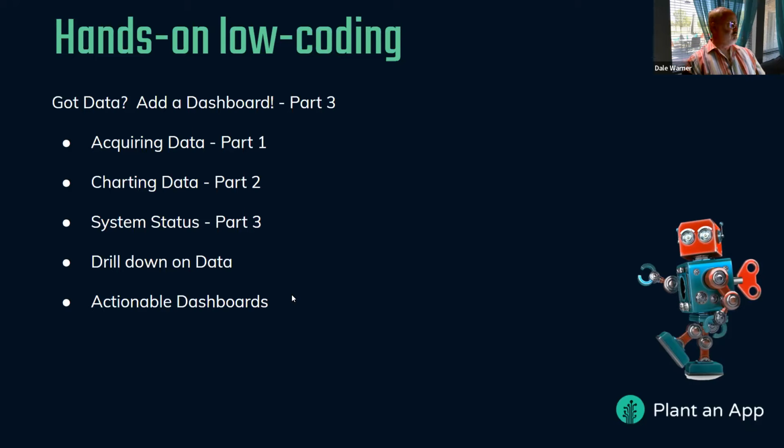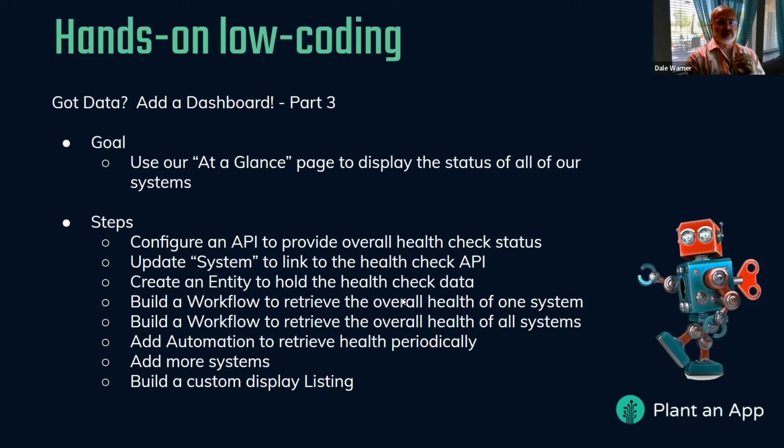We have a couple more possibilities for this, and I think it would be interesting if you would use our feedback form and let us know whether you want us to continue on this or if you have other ideas. The continuation would be about drilling down on dashboard data or making your dashboards more actionable, providing information where you can act on the dashboards. But here we go. We'll dive into part 3.